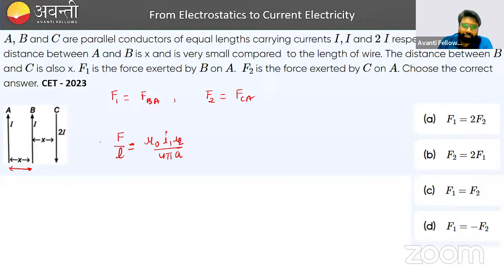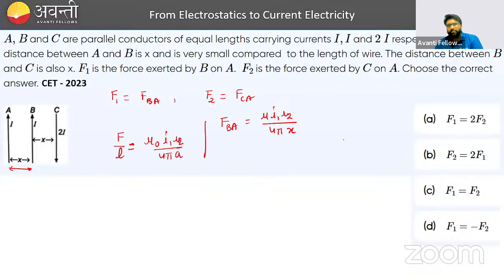So we will be applying between B and A. So FBA will become mu naught I1 into I2 divided by 4 pi A. A is nothing but X, because the distance between A and B is X only.